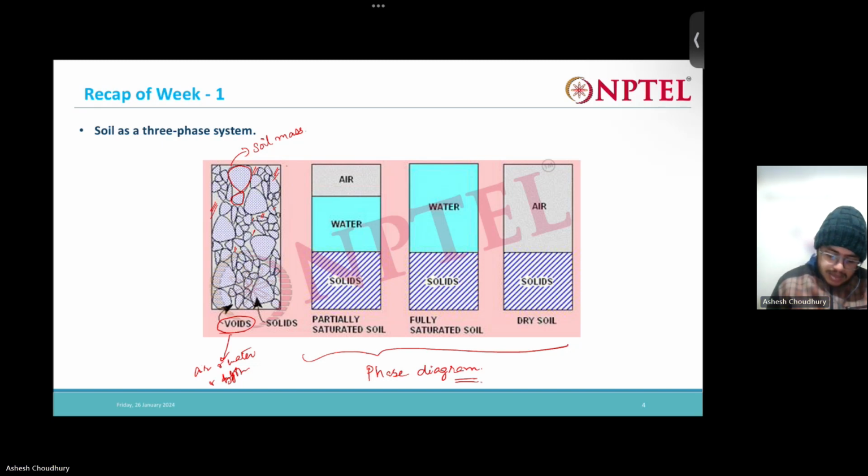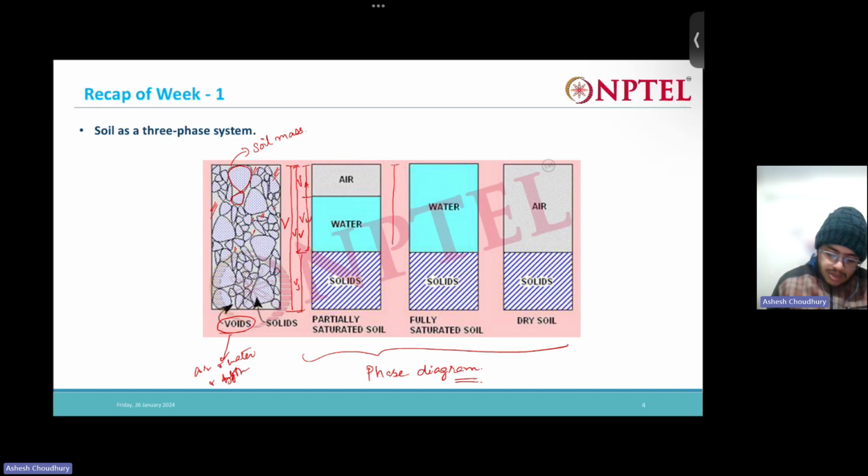Say this is the total volume V. Out of this, this much volume is actually occupied by the solids, and this much volume is actually occupied by the voids. This volume of voids can be further divided into two regions, right? Volume of air and volume of water.